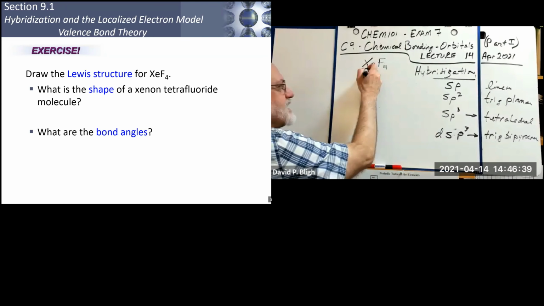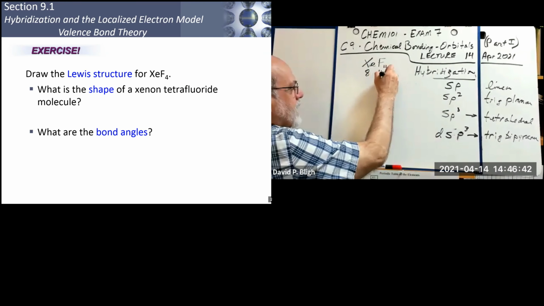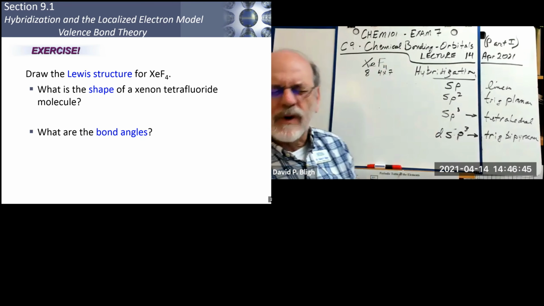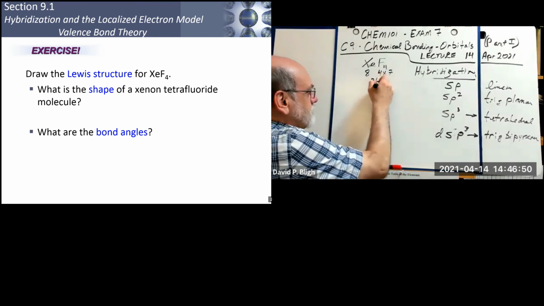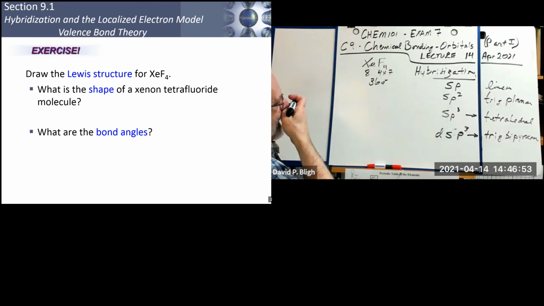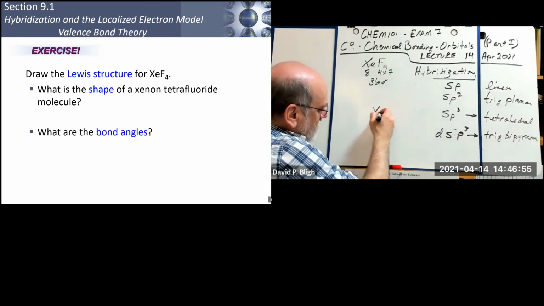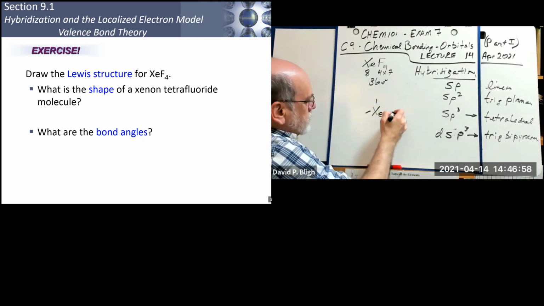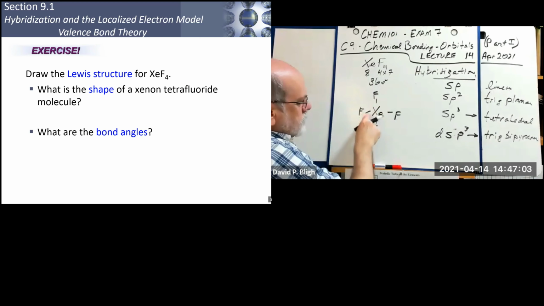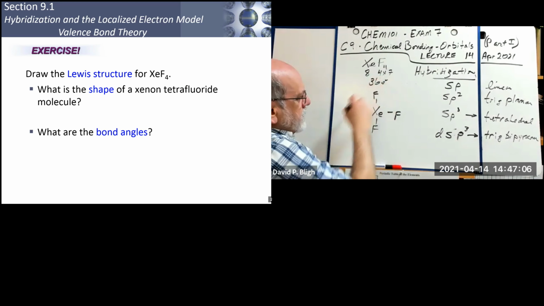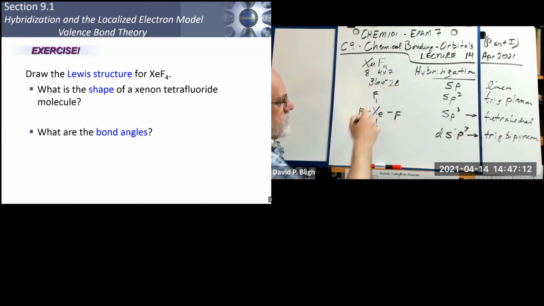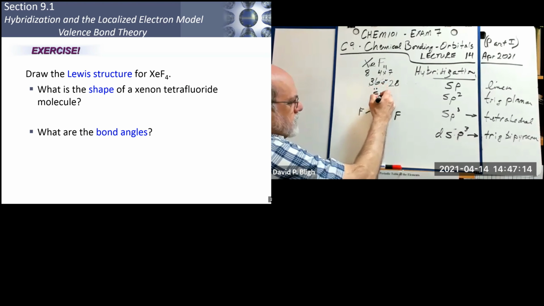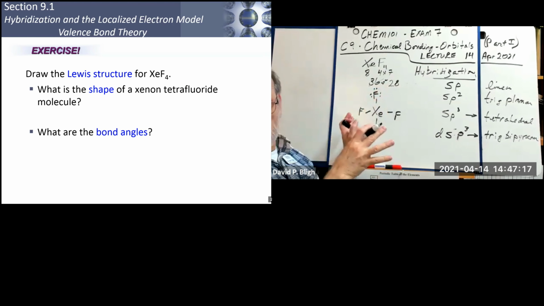Okay. Xenon has 8. Fluorine has 4 times 7, which is 28, and 8 is, oh, strain my brain, 36. So we got xenon in the middle, and we got 4 fluorines. 8 from that is 28 electrons. Around each fluorine, 1, 2, 3, 4, 5, 6, that's the most you can put around fluorine.